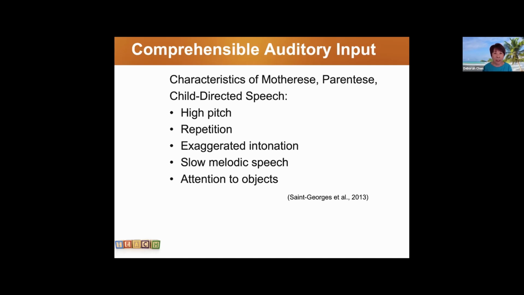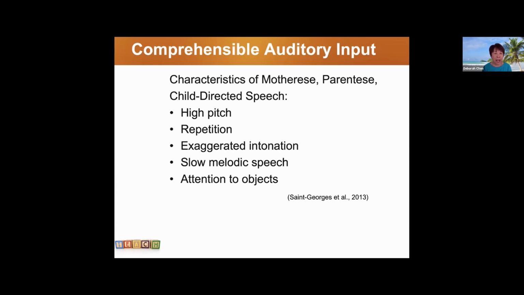So the characteristics of motherese, parentese, child-directed speech, caregiver speech, infant-directed speech, there are all of these terms that mean the same thing. We know that these characteristics really attract young children's attention and help them understand what is being said.